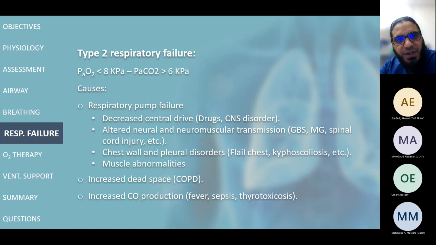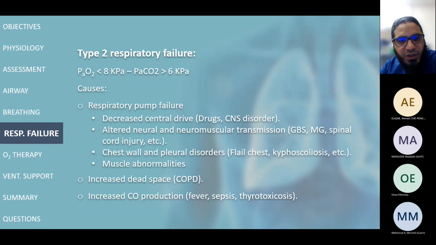The other cause of type 2 respiratory failure is increased dead space. The dead space is a part of the lung that is filled with air, but it's not sharing in the respiration, so it's not getting in contact with the blood. Like in COPD, a big part of the lung will be emphysematous, destroyed, inflamed, and filled with air, but it's not doing any benefit.